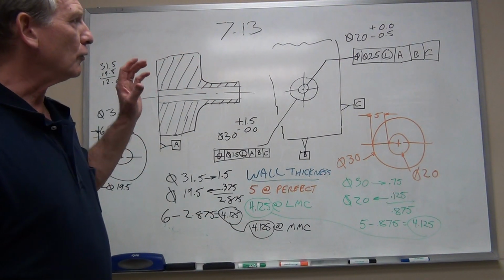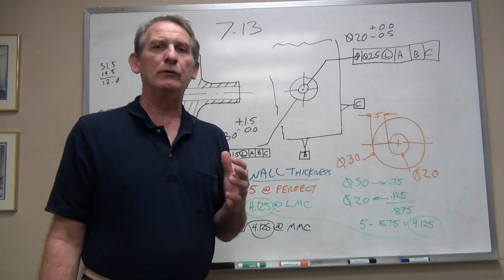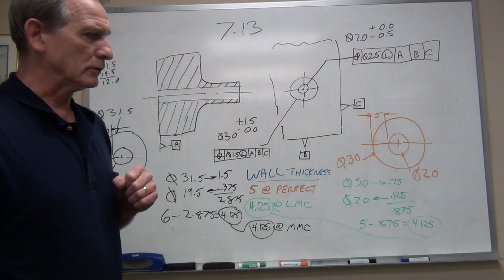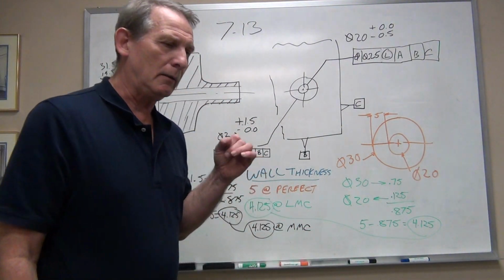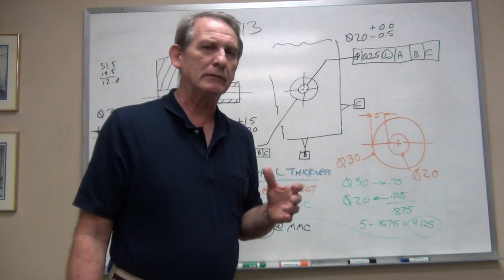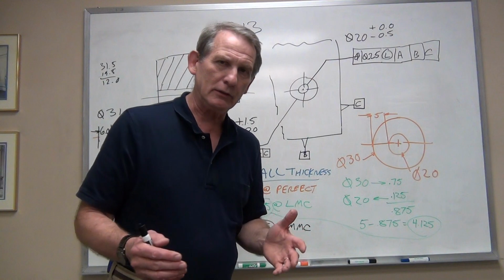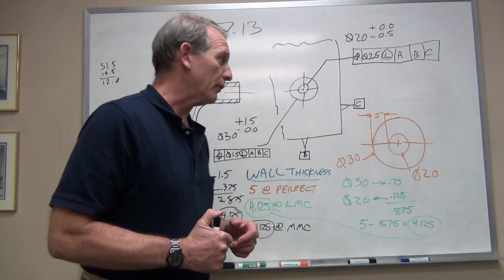And we're going to prove that by using the least material condition modifier, we can guarantee that we'll have a minimum wall thickness in all instances, no matter what size the feature is, and no matter what size the tolerance zone is at that condition, it will always guarantee us a minimum wall thickness.